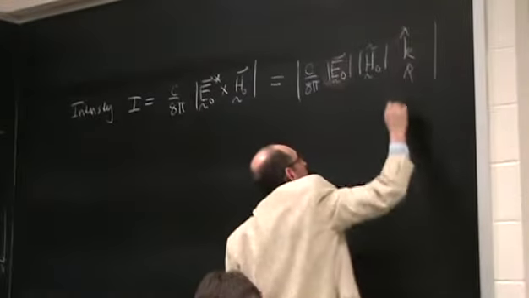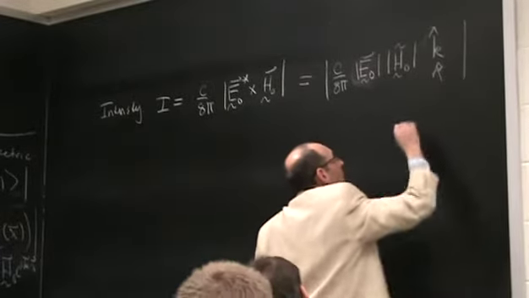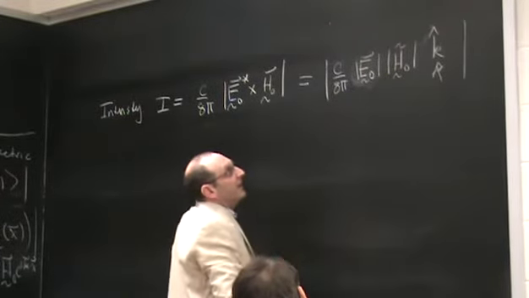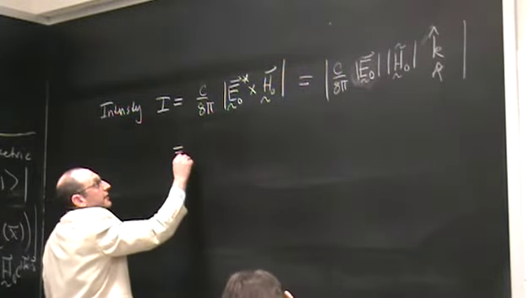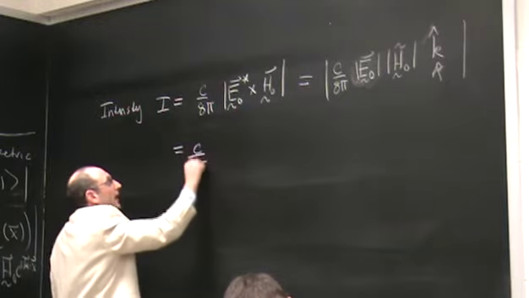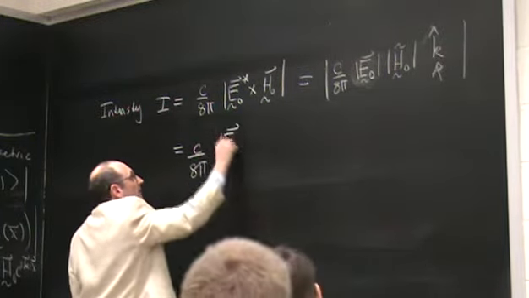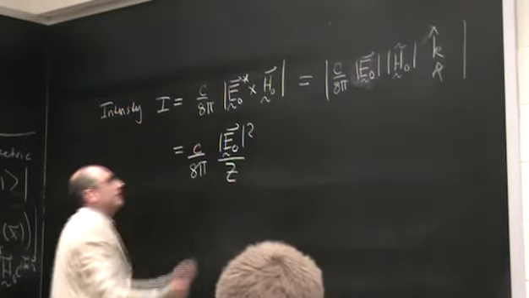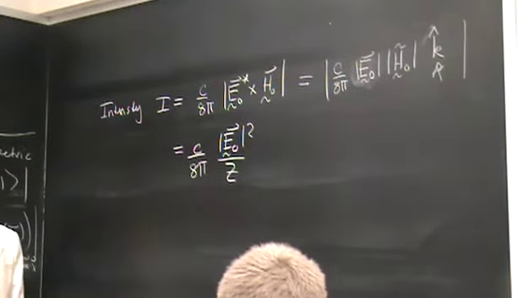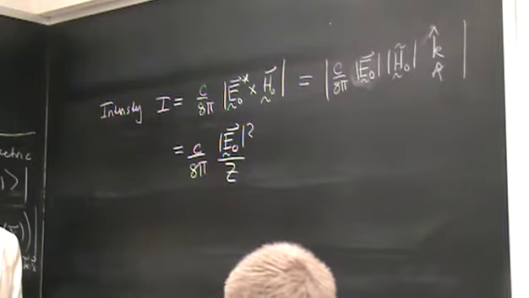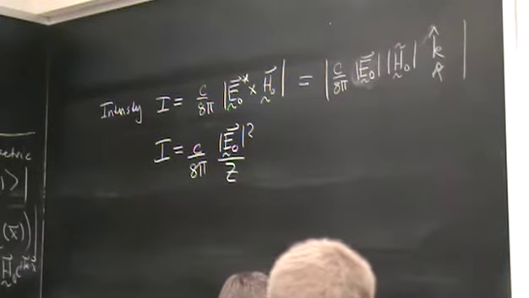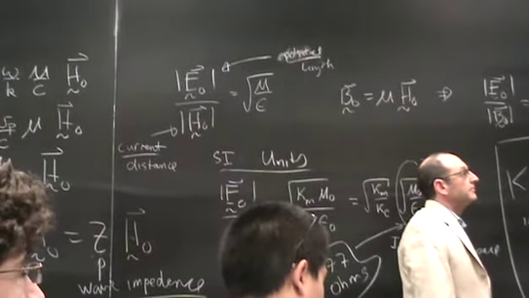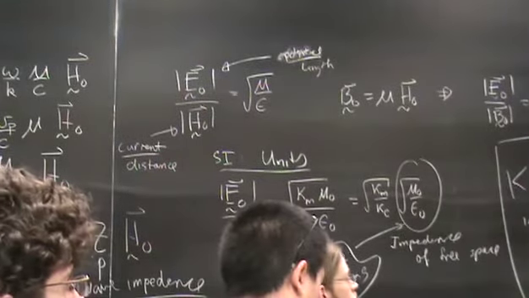So the propagation direction is the direction of flow of S, and the intensity is the magnitude of that. The intensity thus is c over 8 pi E0 squared over the impedance. That's the intensity, because E0 is related to H0 through the impedance. H0 is E over the impedance.